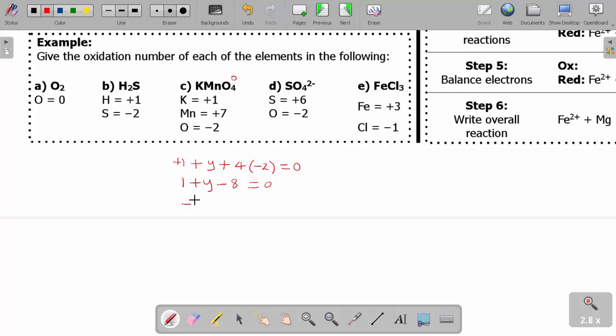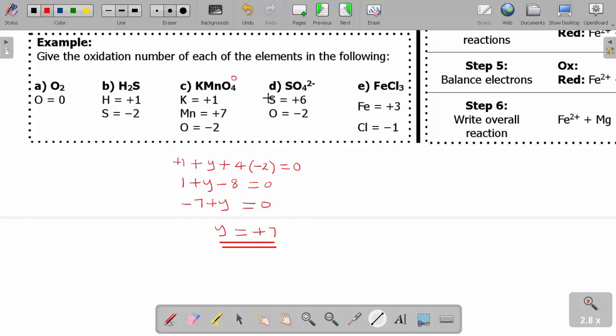That's -7. So -7 plus Y equals 0, which gives me my Y as what? As +7. So this +7 is the oxidation state for manganese. That's how we calculate it.